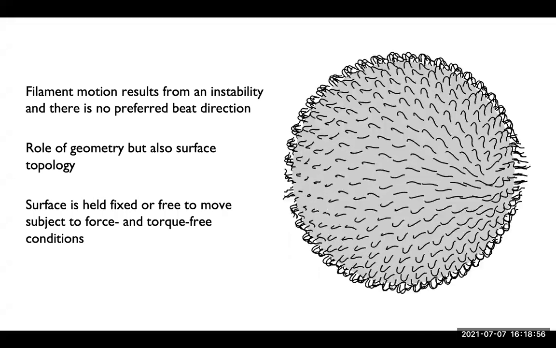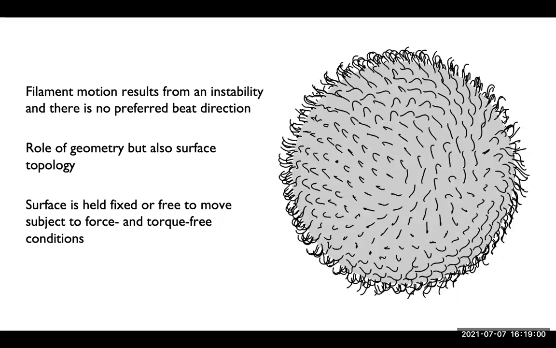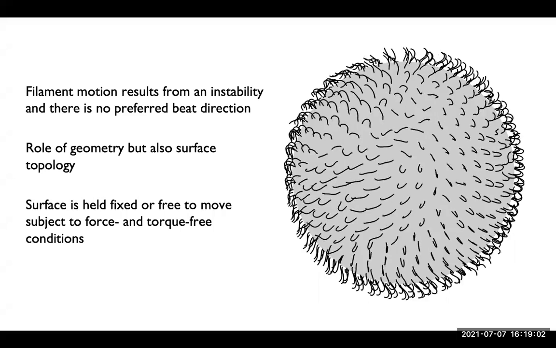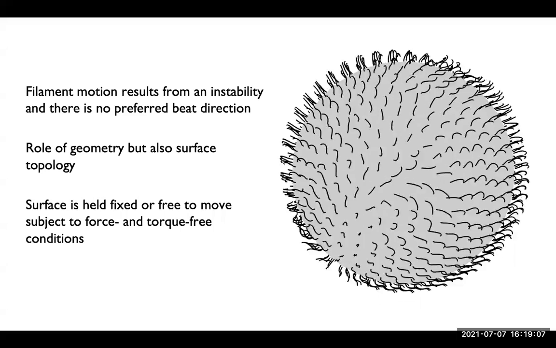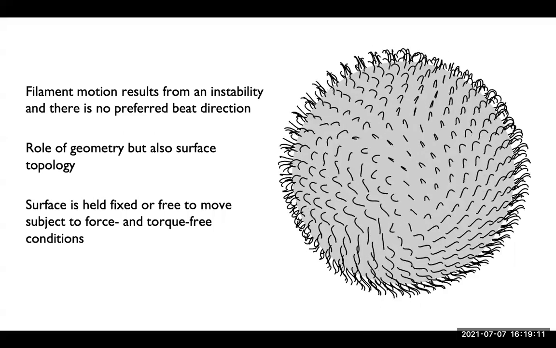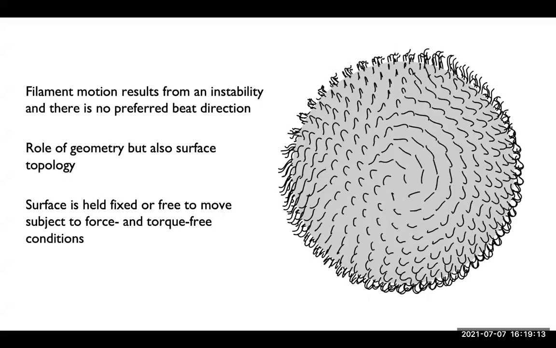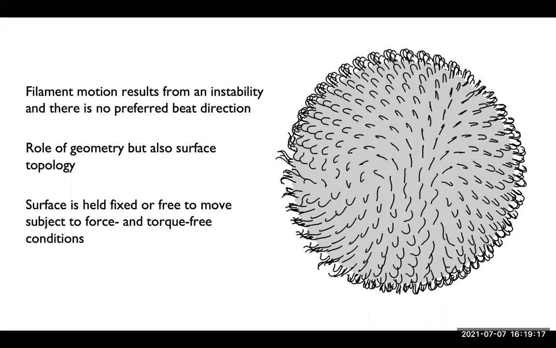And the vector fields on the surface of a sphere have to have defects or singularities where they go to zero. And so we would like these defects to naturally evolve as part of the coordination, as well as see how they affect the coordination and motion of the filaments.